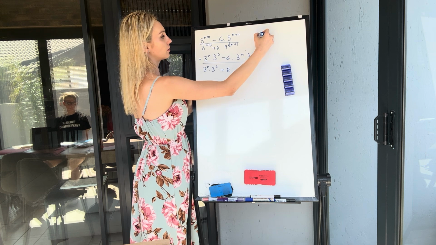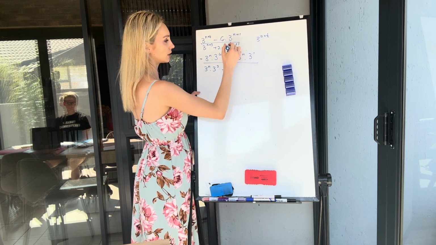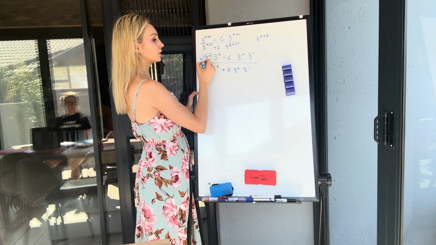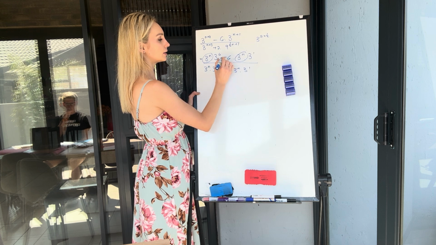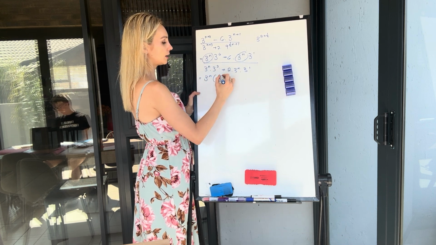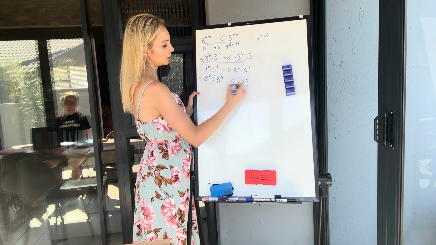This is 3 to the power of 2 times a half, so that's going to cancel out, so this just becomes 3n times 3. Because there's a minus at the top, I have to factorize out of 3n. I'm going to be left with 3 to the power of 4 minus 6 times 3.